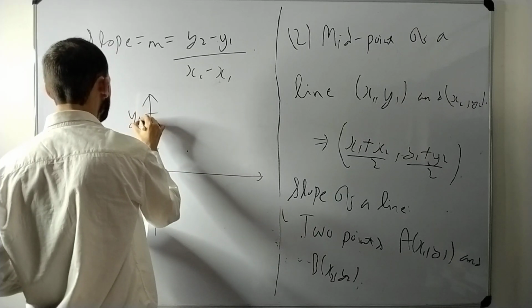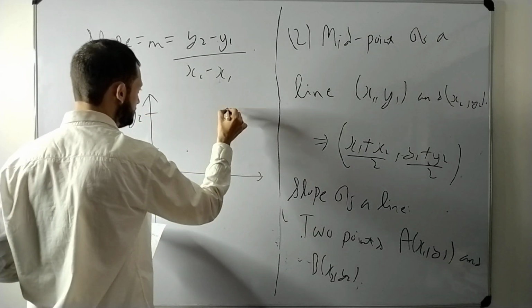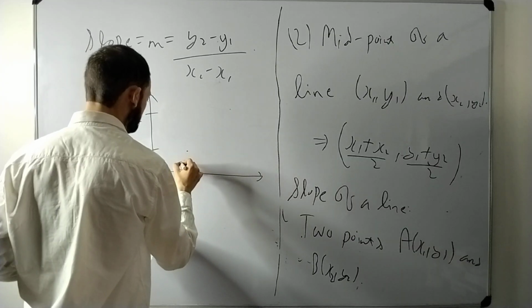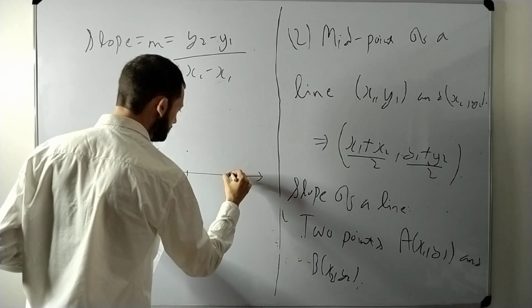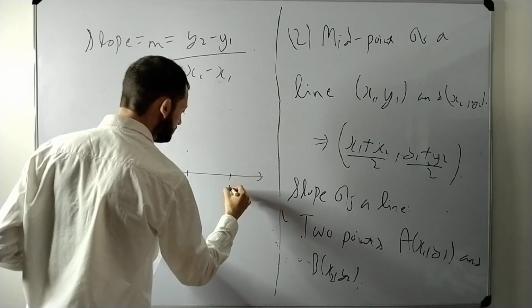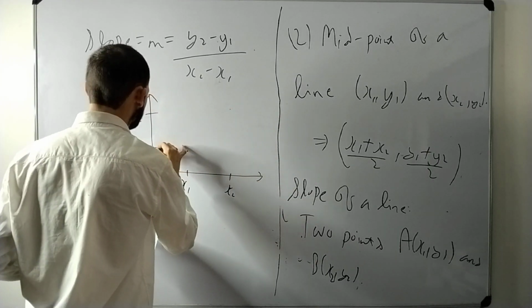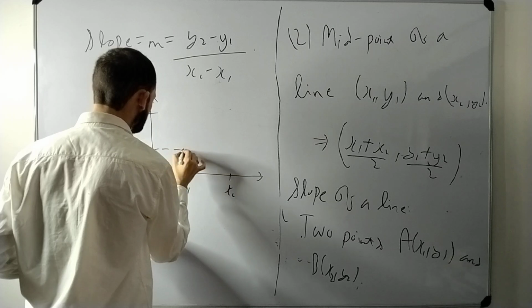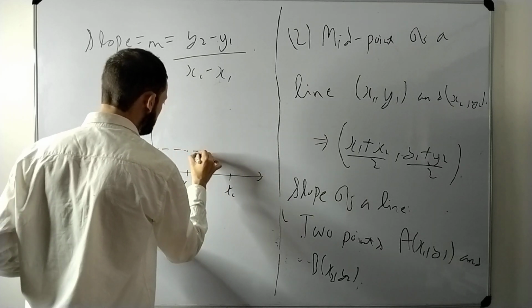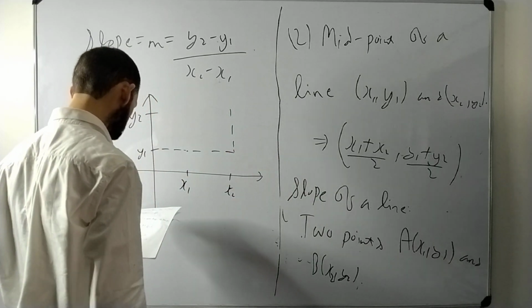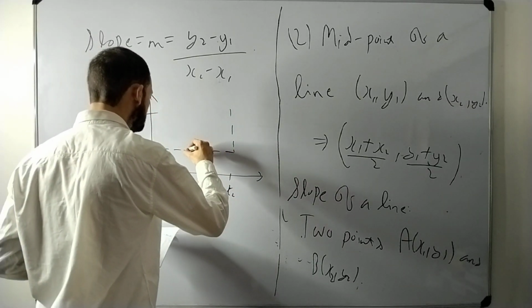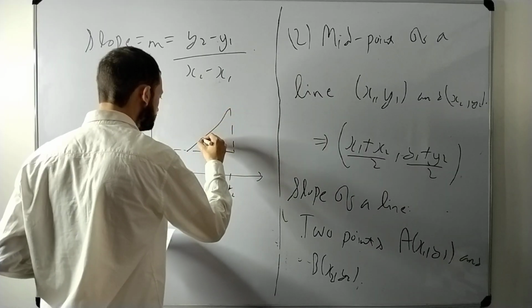This happens to be what, students? The final point, and it is here. This happens to be x1, and this happens to be x2 of this graph. Then certainly the slope becomes something like this.